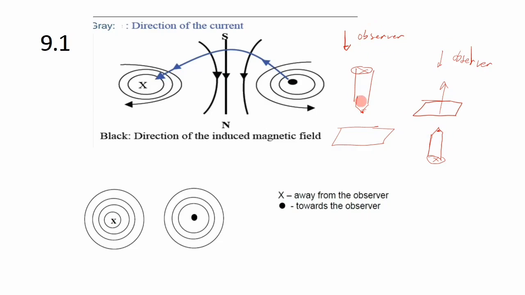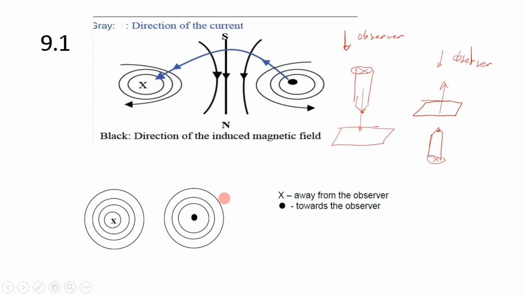But if you are looking at it going into the page, this is what you observe, the back of the pen, X, right? So this is used to indicate the direction of the current. If the current is going into the page, then we indicate it by showing the X, and if it's going out of the page or towards the observer, we indicate it by showing the dot, right?